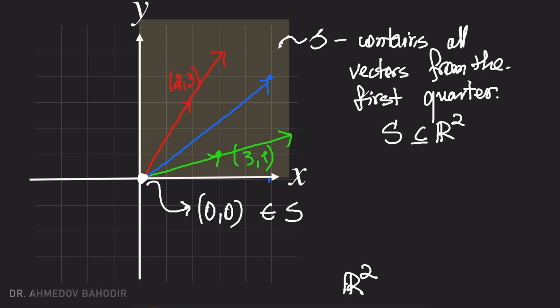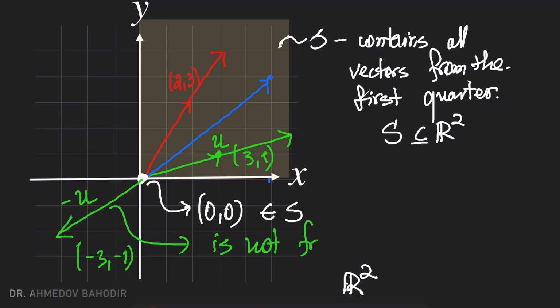If I multiply this vector U by -1, I would get the vector with components -3 and -1. So this is minus U. This vector is not from the first quarter, right? Just giving one counterexample is enough to show that the subspace is not a vector subspace.